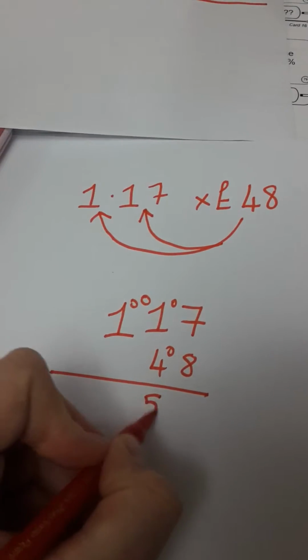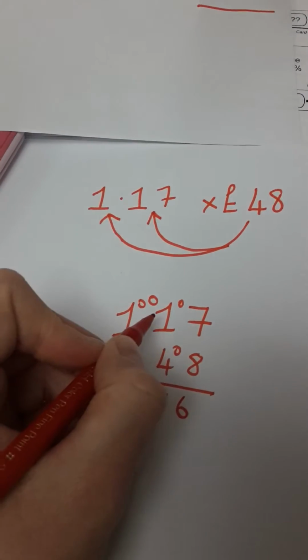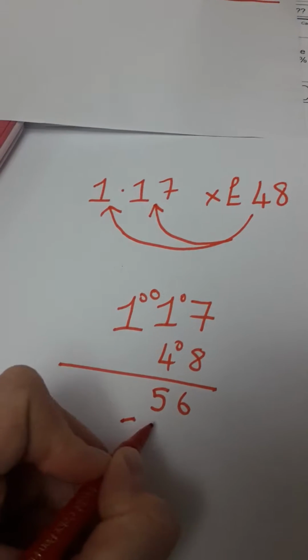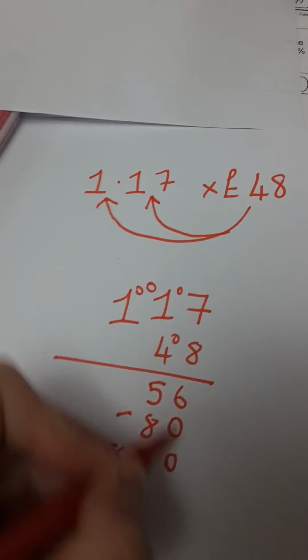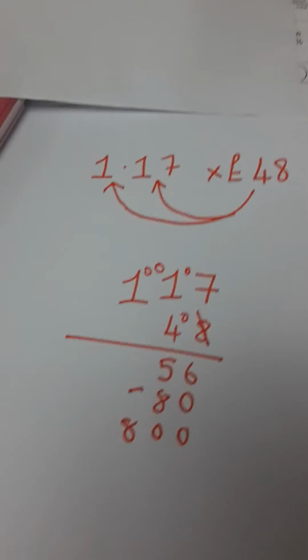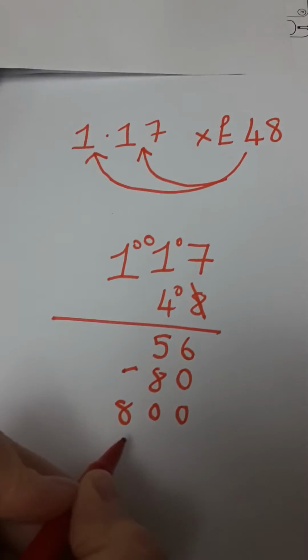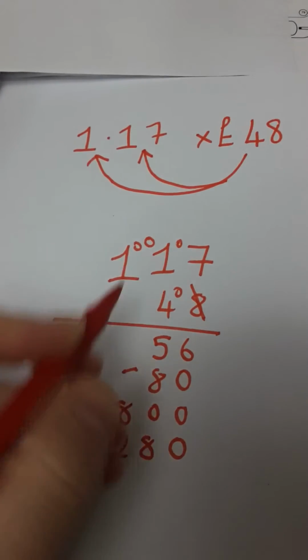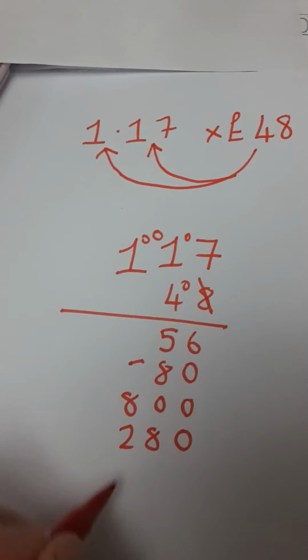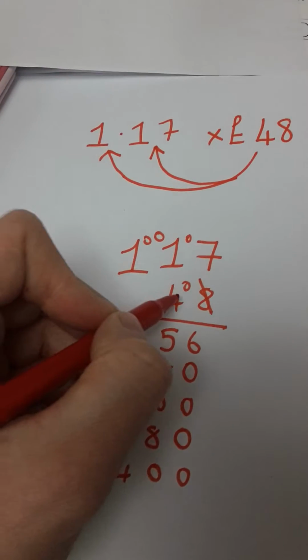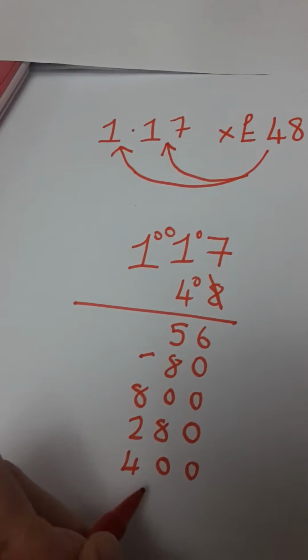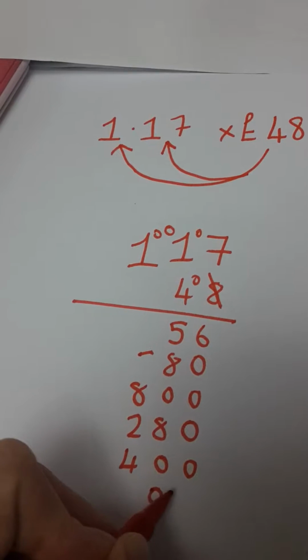8 times 7 is 56. 8 times 10 is 80. 8 times 100 is 800. And the 8s have met all the ones on top. 4 times 7 is 28 with a 0, 280. 4 times 1 is 4 with 2 zeros. And 4 times 1 is 4 with 3 zeros.